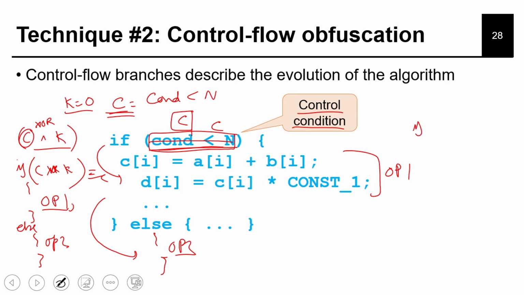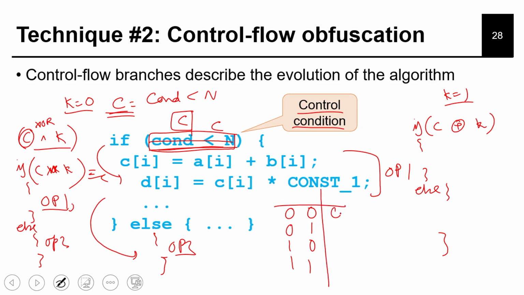If C XOR k, and k equals 1, then what will be the condition? It will be the reverse of C. If you remember the XOR truth table, 0 0 0, 0 1 1, 1 0 1, 1 1 0.